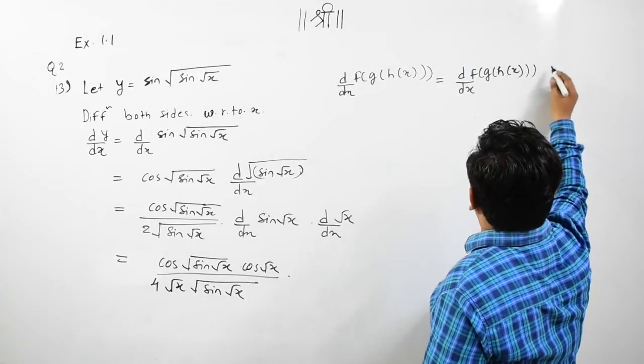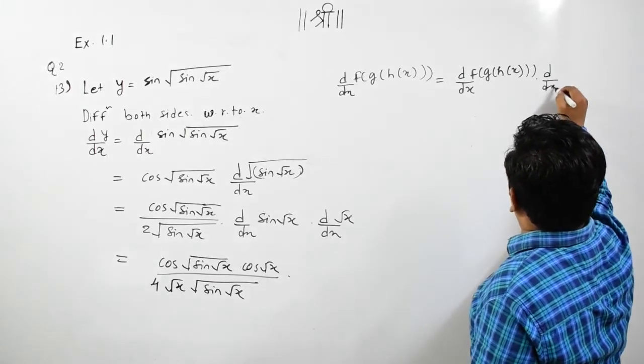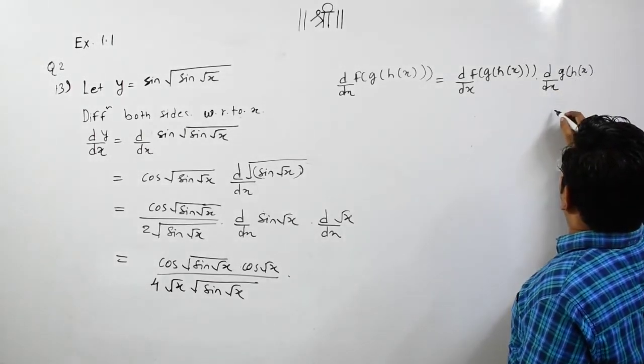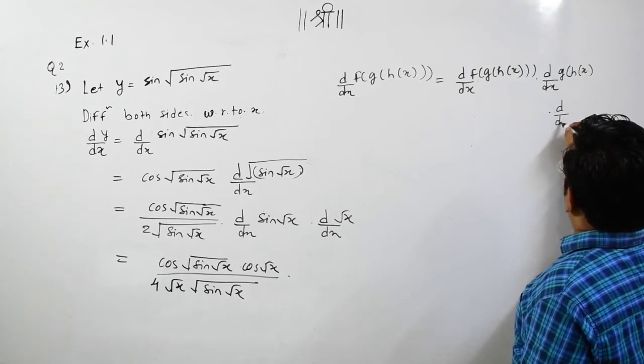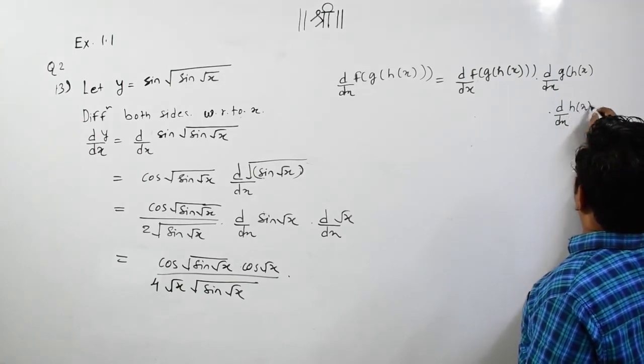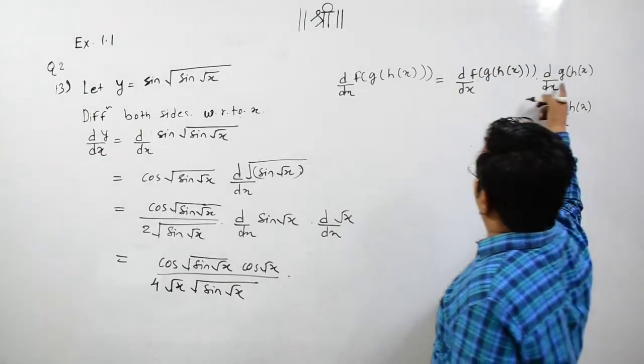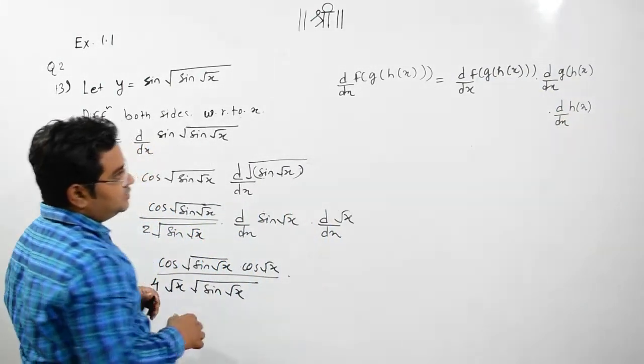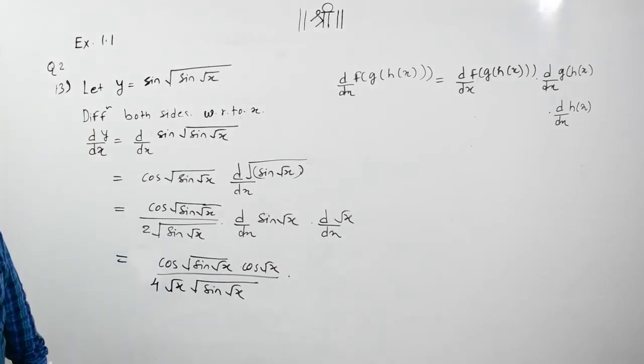First I find the derivative of f of g of h of x, then d/dx of g of h of x into d/dx of h of x. Understood? In this manner I can perform the differentiation, and that's what the chain rule is about.